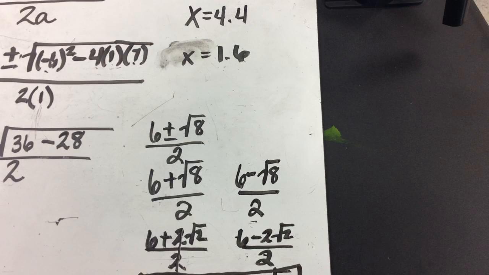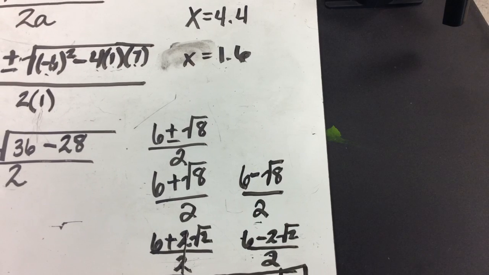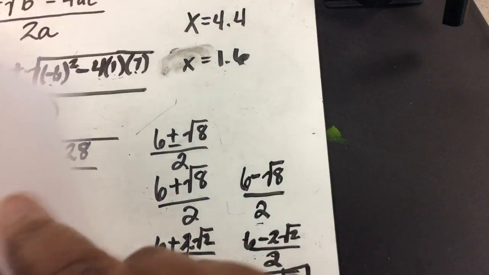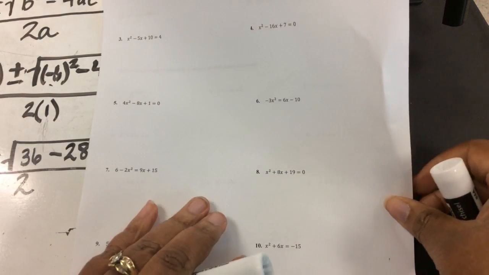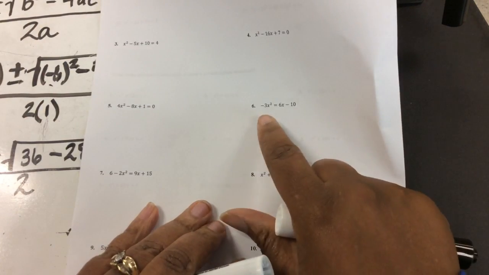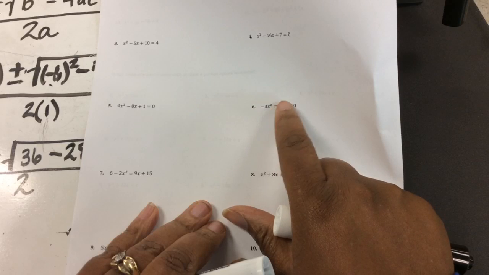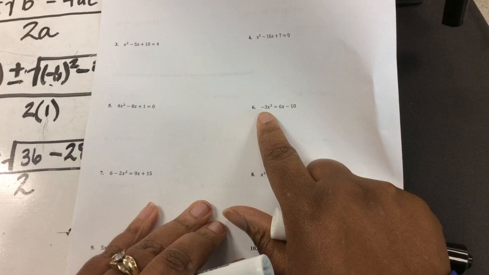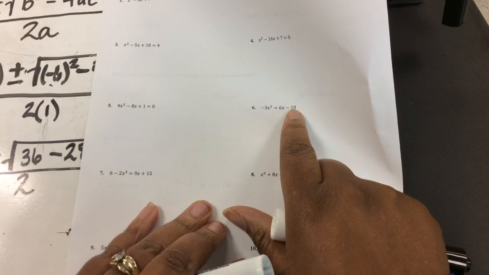So the expectation is that you complete the rest of the problems, but you have to make sure that your equations are equal to 0. Like this one is not equal to 0. You have to move the 3x squared over here to make it equal to 0.